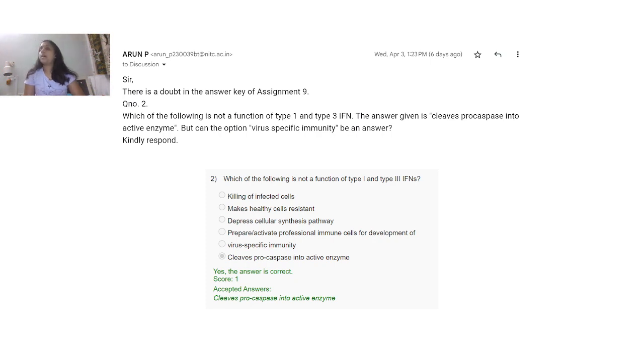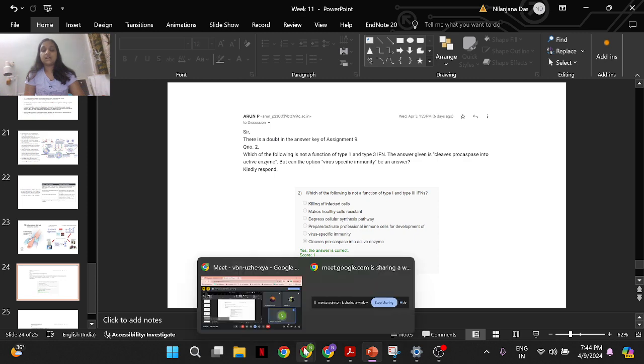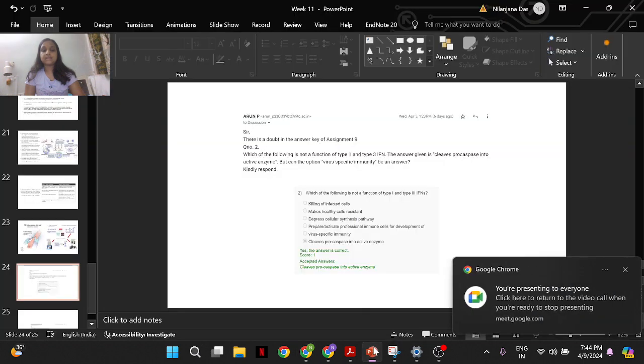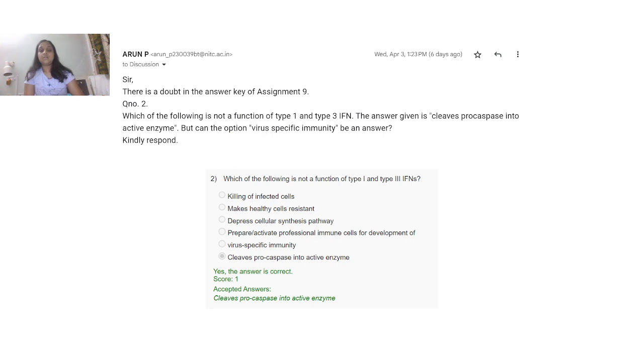I could not understand what he wanted to say, but maybe he understood that it is one of the functions of type 1 and type 3 interferon, but it is not. So the answer will be the last option, that is cleaving procaspase into active enzyme.